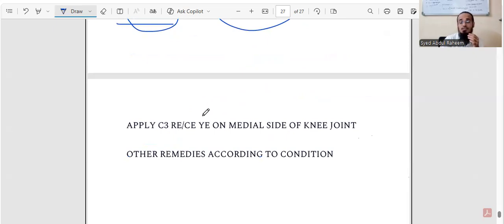And application is very important in electrohomeopathy. Always remember that you have to advise application to every patient, but after 15 days. Initially you have to give oral remedies. If you have severe complaints, severe pain, you have to start from the first day itself. This is very important.